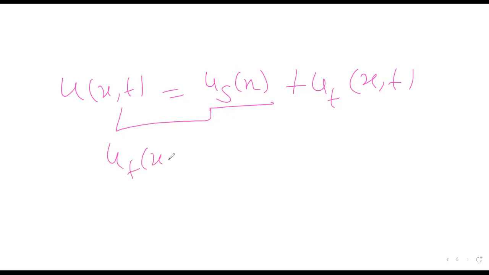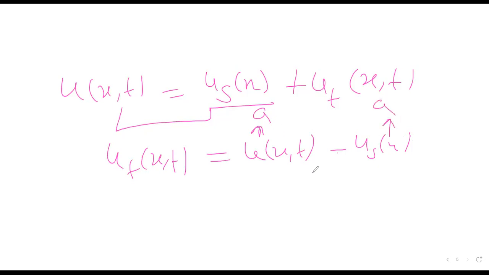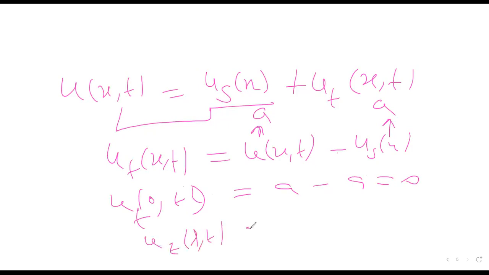So for the transient solution, u_t(x,t) will become u(x,t) minus u_s(x). If the first has temperature A, this also has temperature A, so you get u_t(0,t) equal to 0. Similarly, u_t(L,t) will be B minus B, equal to 0. So we manipulate the solution in such a way that we get zero boundary conditions, so that we are able to identify the constants easily. We will solve this question also.